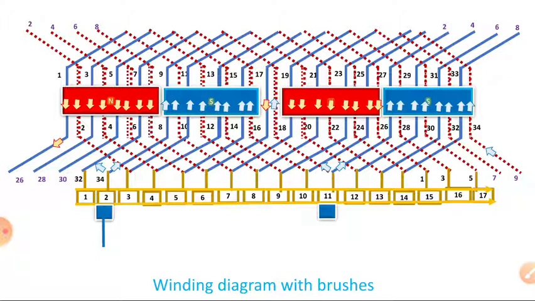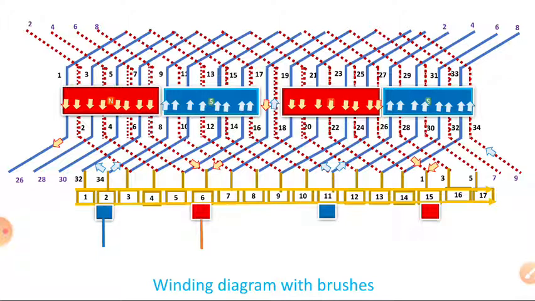Okay. Similarly, next red one. Now the commutator segment 6, you can observe it. The current in the coil of 8th conductor is coming towards the segment. At the same time, the current in the 17th conductor is coming towards the 6th commutator segment.